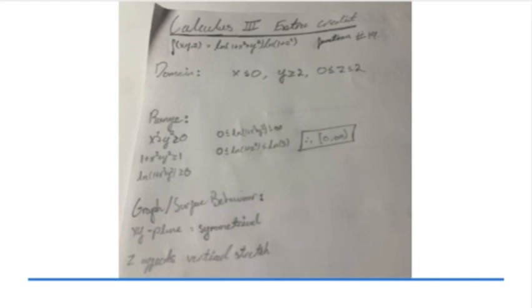The surface behavior of the graph is that on the xy plane it is radially symmetrical, and the z-axis only affects the vertical stretch of the function.